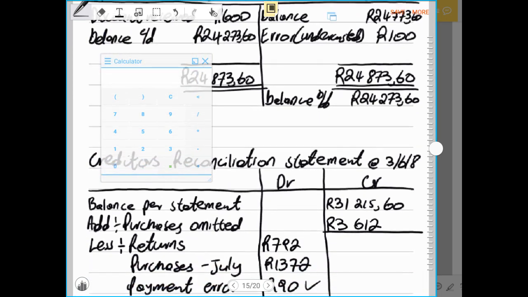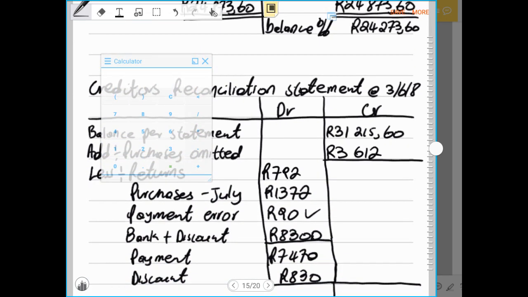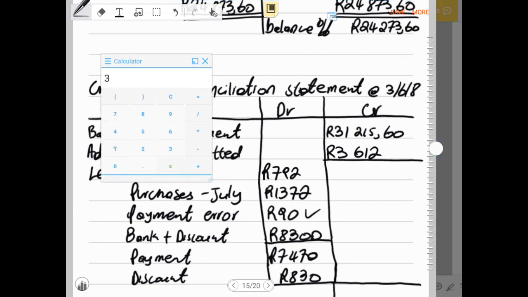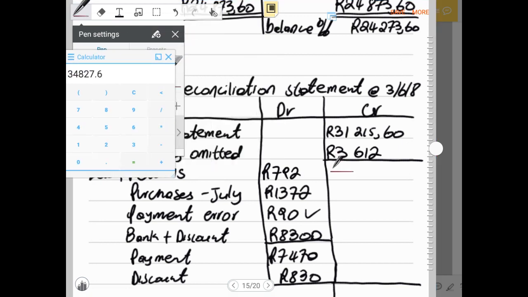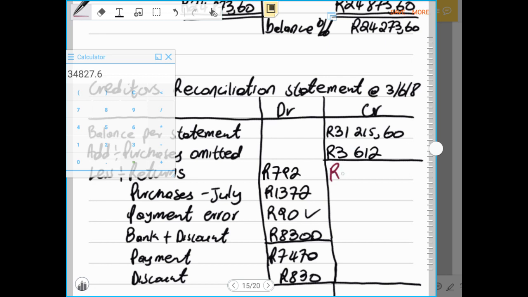Then we go to the creditors reconciliation statement. We have 31,215.60 plus 3,612, which gives 34,827.60. Okay, what I was thinking was not right. We have 34,827.60.